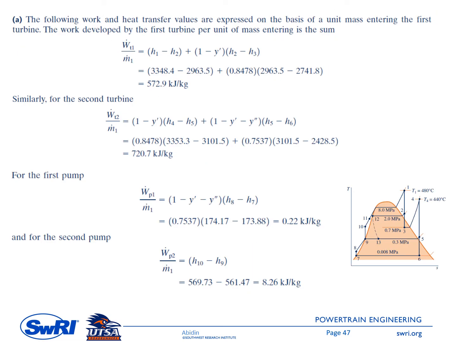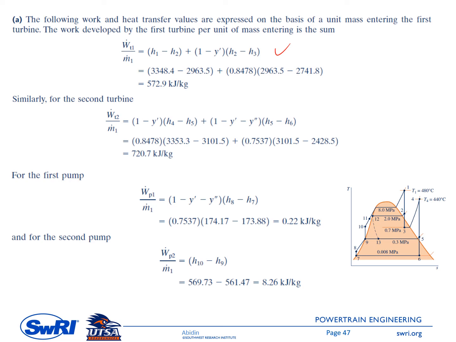The first question is, what is the thermal efficiency of the system? So first we need to calculate the power developed by the turbines. We have a two stage turbine. On the first stage turbine, some of the working fluid is extracted going to the feed water heater. Therefore, we have this formula.